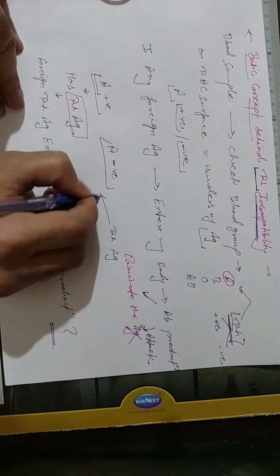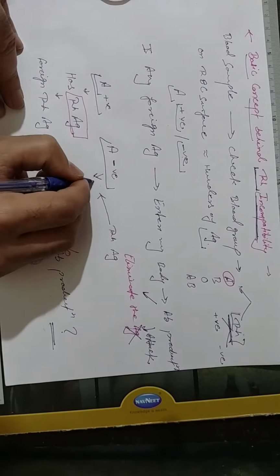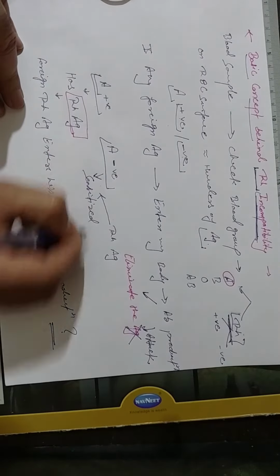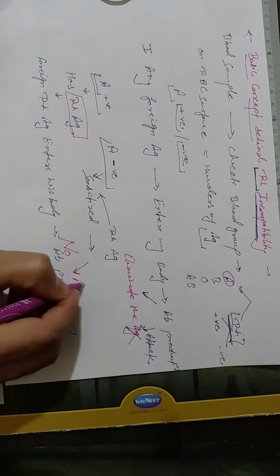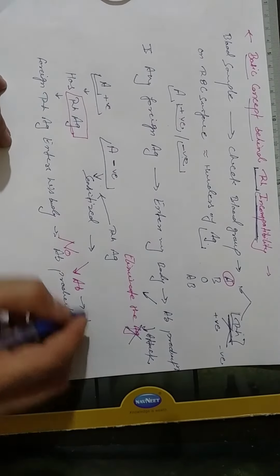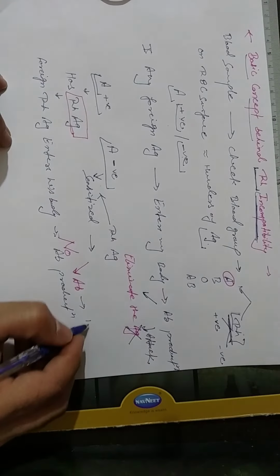And if his blood group had been Rh negative, and now Rh antigen enters his body, his body will become sensitized. That means his body will start producing antibodies, and what do these antibodies do? They will attack the RBCs. Where is this Rh antigen? On the surface of RBCs.